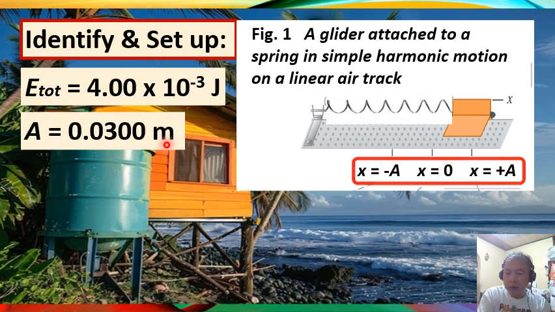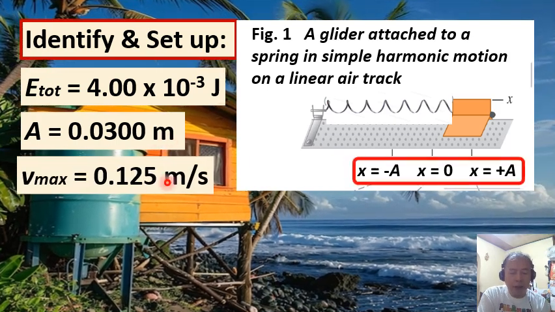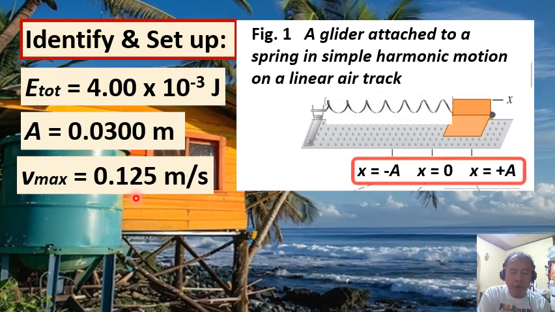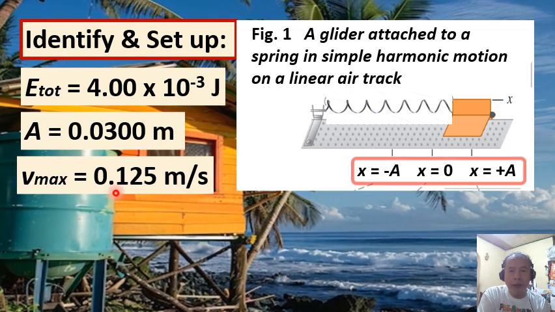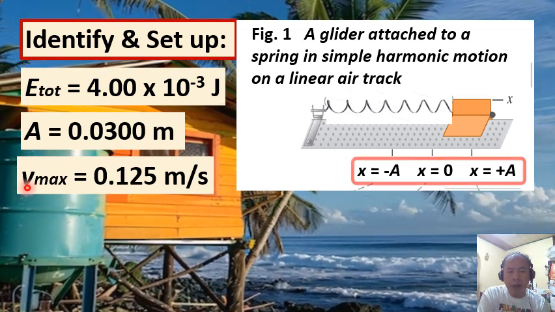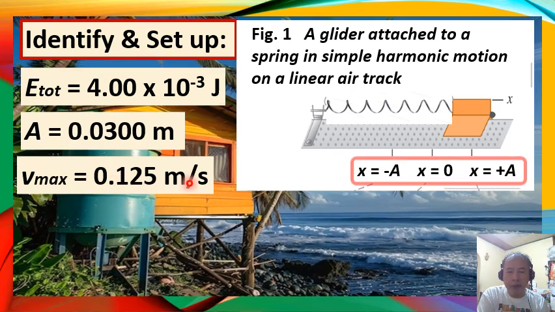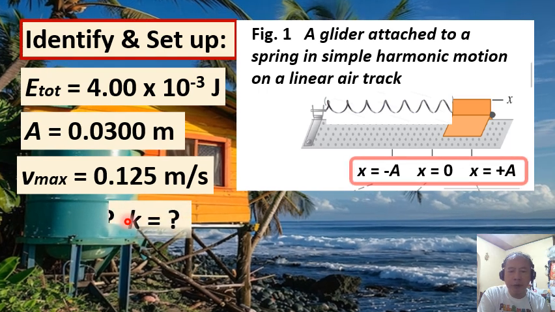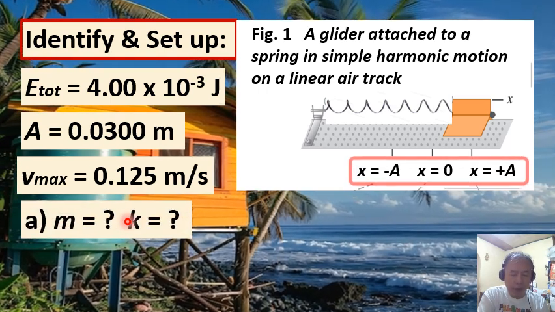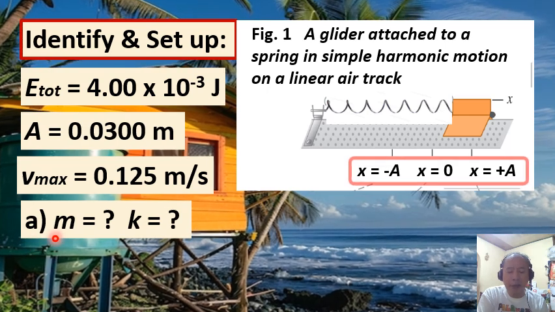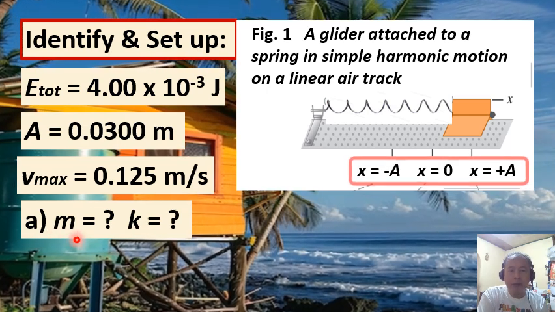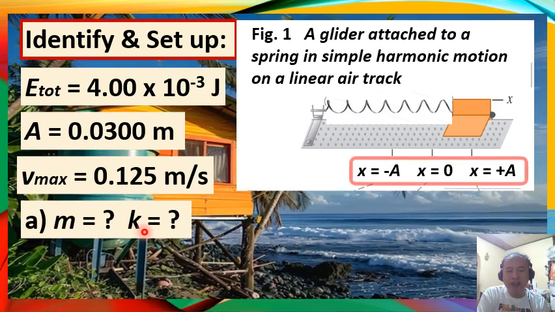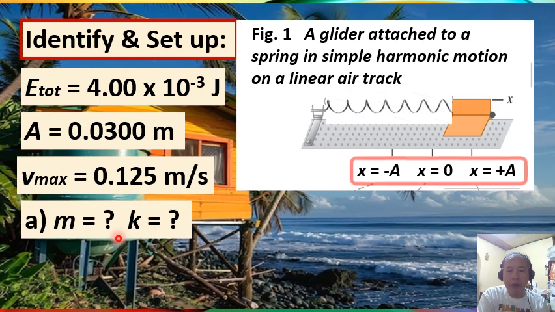And we're also given the maximum speed, or the magnitude of the velocity of the glider, denoted as v max, equal to 0.125 meters per second. And our target variables in part A are the mass of the glider denoted by small letter m, and the force constant of the spring denoted by small letter k.